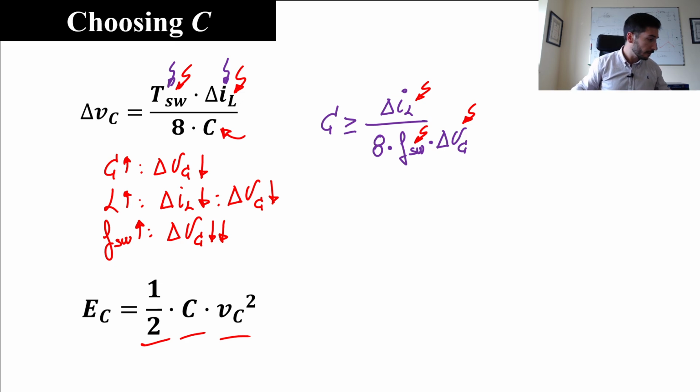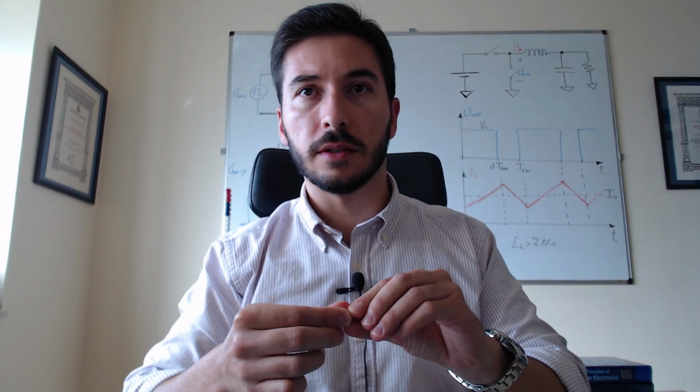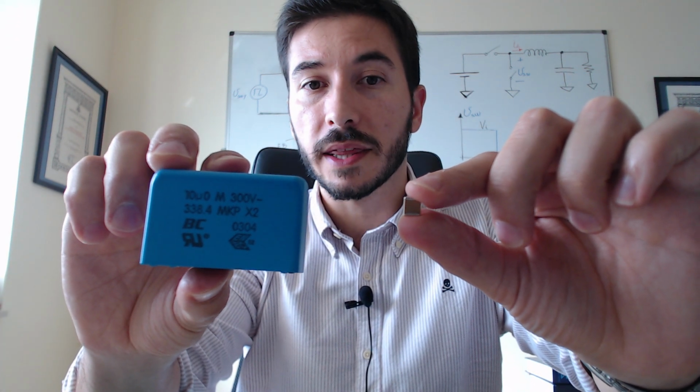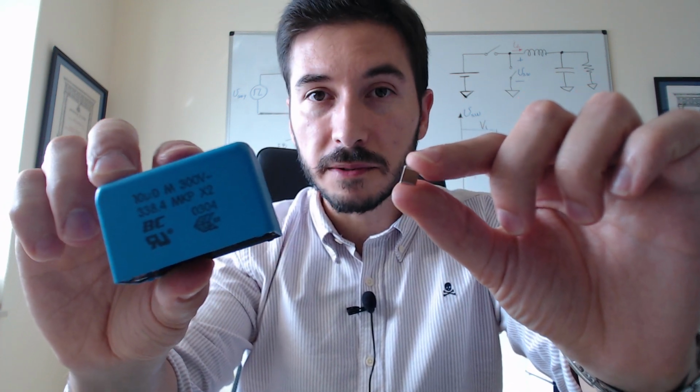So as an example, here I have a very small capacitor. The capacitance is, I think, 2 or 3 microfarads, and this one is another capacitor with a very similar capacitance, but the size, as you can see, is much higher.